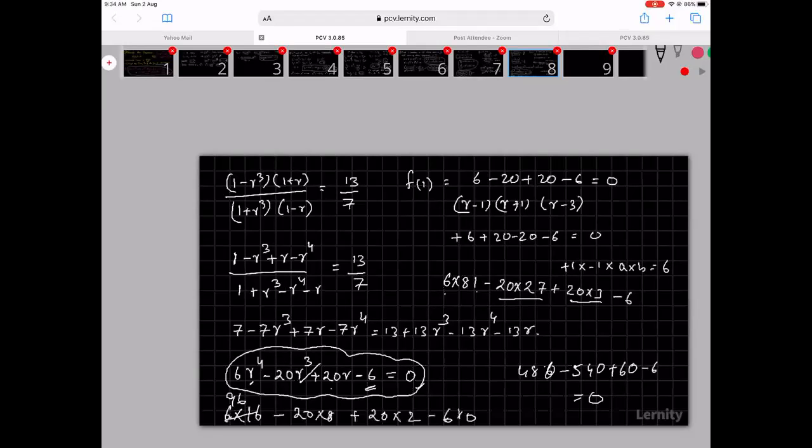Am I making a mistake? 16 into 6 is 96, minus 20 into 8 is 160, plus 20 into 2, 40, minus 6. So this is not equal to 0. Okay. So anyway, please try to factorize this and then get it.